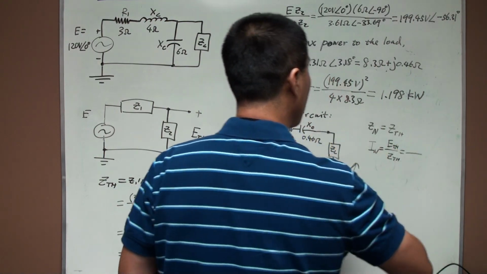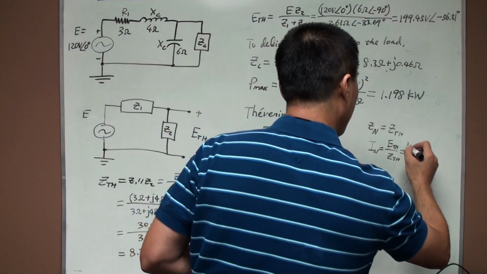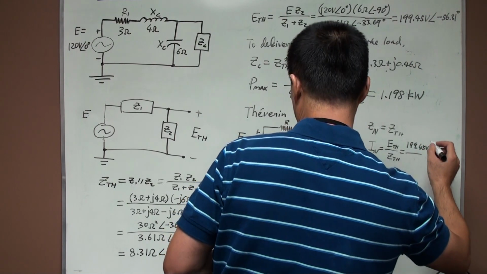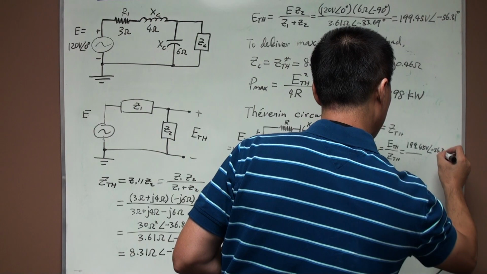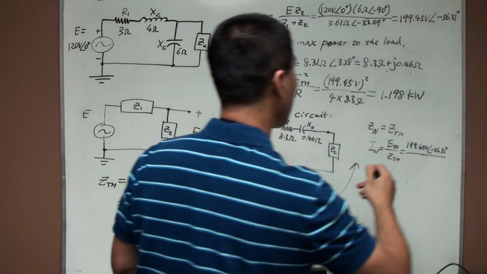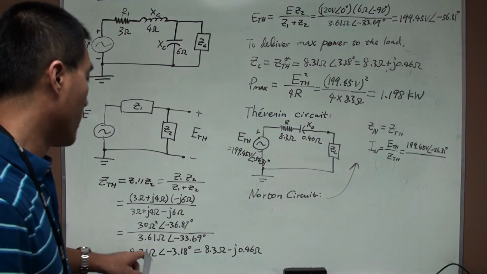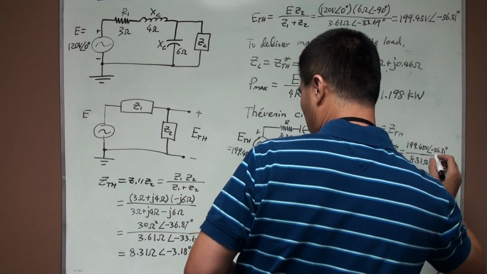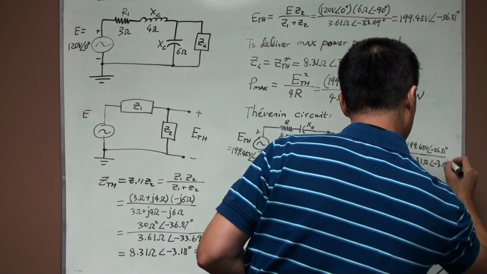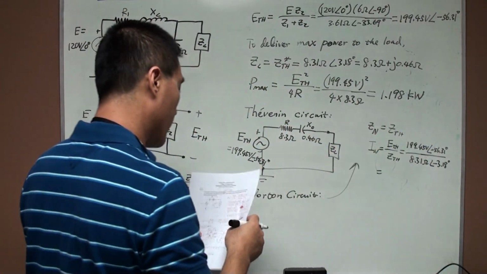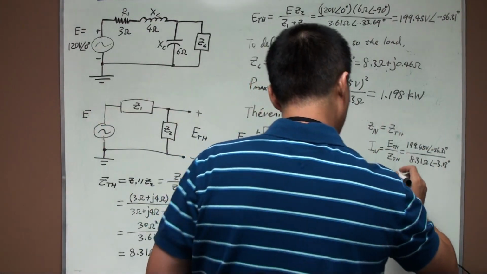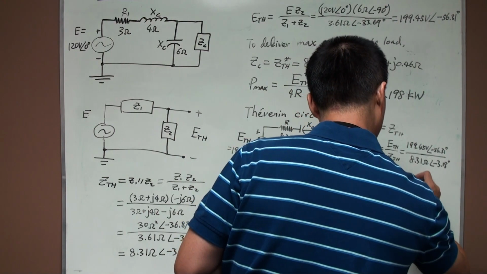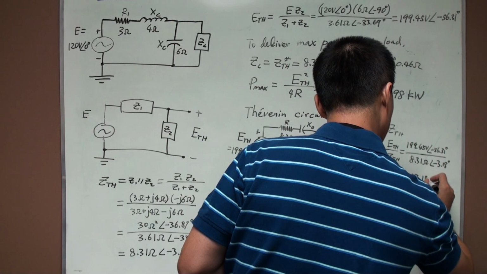ETH is 199.45 volts with an angle of negative 56.31 degrees, and ZTH is 8.31 ohms with negative 3.18 degrees. Doing the division, it becomes 24 amps with negative 53.13 degrees.